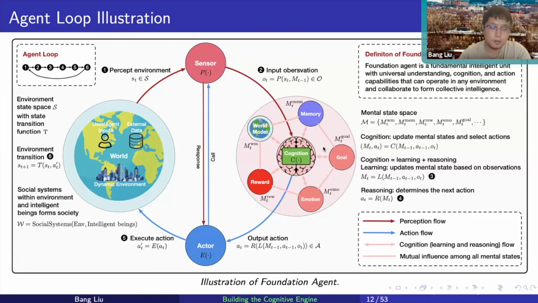Based on this whole loop from step 1 to step 6, we define the whole perception, cognition, and action loop. And we make it clearer what kind of components are important and how they work together. So this is the illustration of what we call foundation agents. You can see it's quite a high-level framework, but we want to emphasize the key points to make agents work well and be composable to form multi-agent systems.